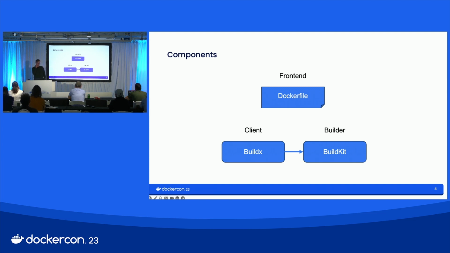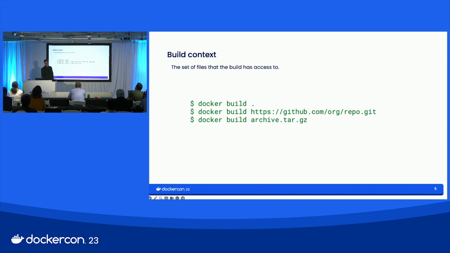And then we have buildx, which is the command line client that gets embedded with Docker Engine and Docker Desktop that you use to invoke your builds. When you run Docker build, you're using buildx. And then we have BuildKit, which is the engine that's actually running the build. We'll talk mostly about the front end today, but we'll be using buildx obviously to invoke the builds.